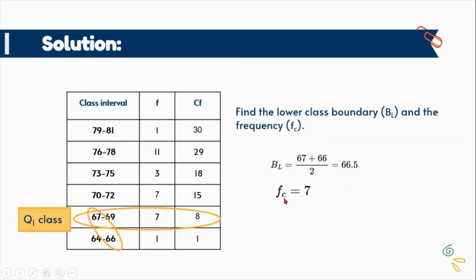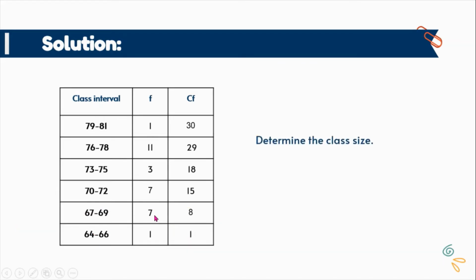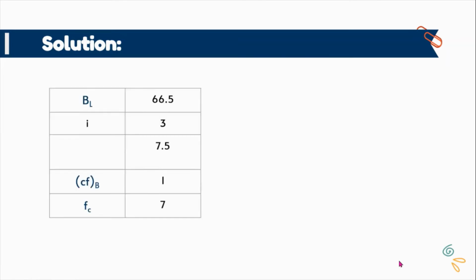And our F sub c, or the frequency of the quartile 1 class, is 7. Next, determine the class size. The class size here is 3: 64, 65, 66, so 3; 67, 68, 69, 3; 79, 80, 81, so 3. The class size is 3.